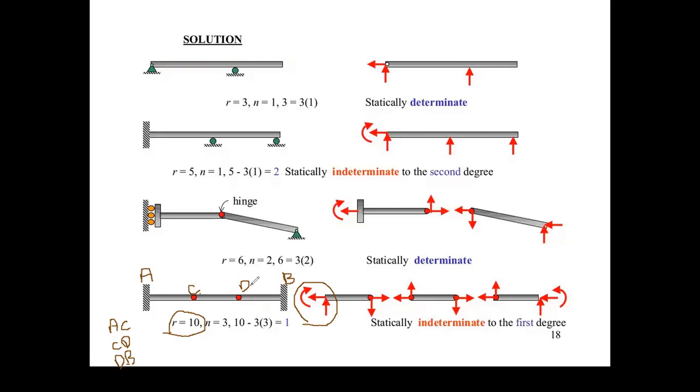So that means it is statically indeterminate to the first degree. So that beam is said to be statically indeterminate to the first degree.